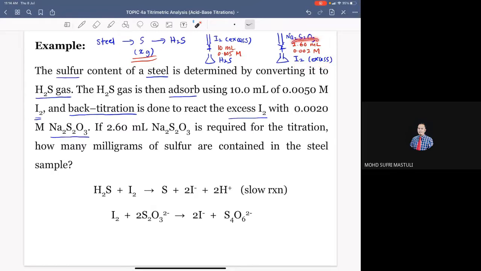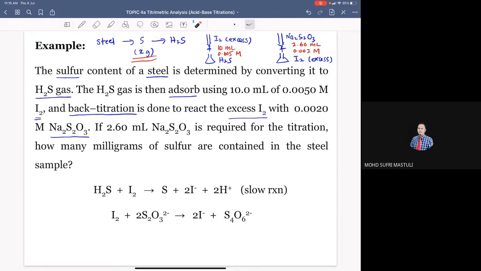From this mole, we calculate after we know the mole of the excess, we minus it from the mole of the initial, and then we can get the mole of the real I2, and then relate it with hydrogen sulfide, and then we can get this one. That's the plan. Okay.